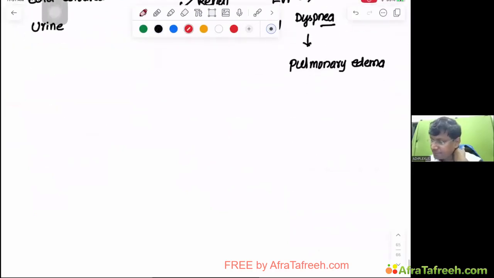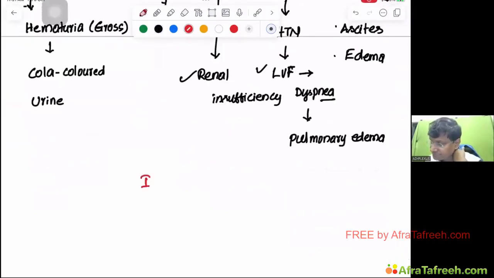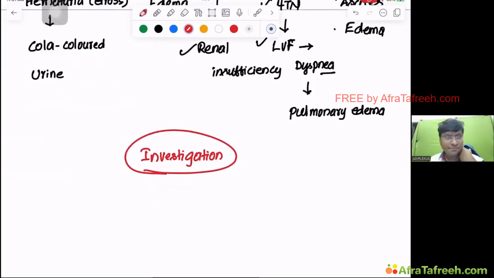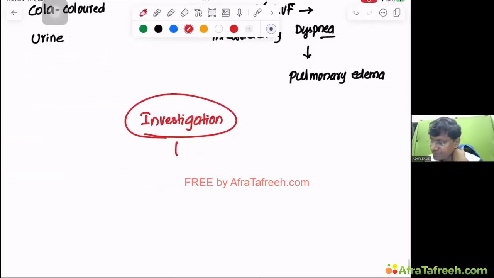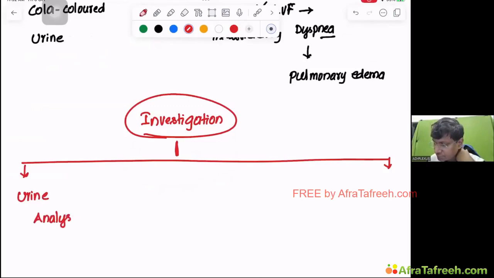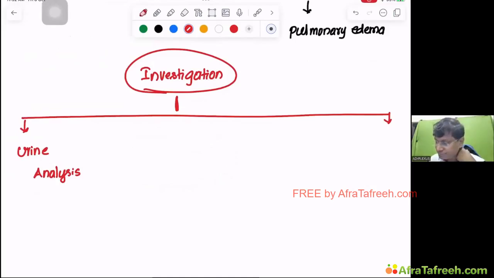Coming to the workup, that is the investigations. So what will the child say? Having cola colored urine, the age group around 5 to 12 years or 5 to 15 years. And when you do a urine analysis in this patient, right? What will the urine analysis show?